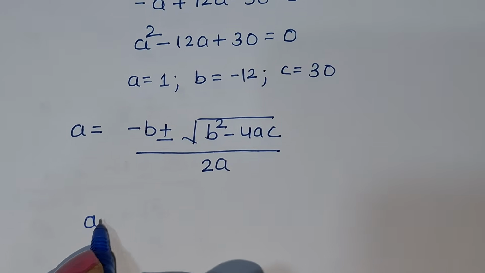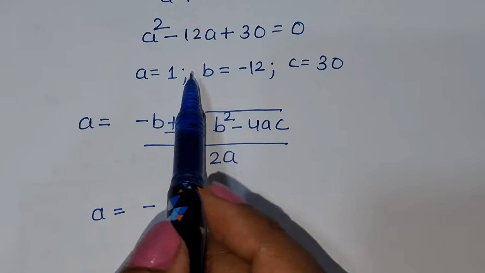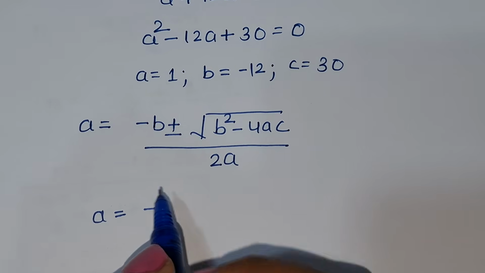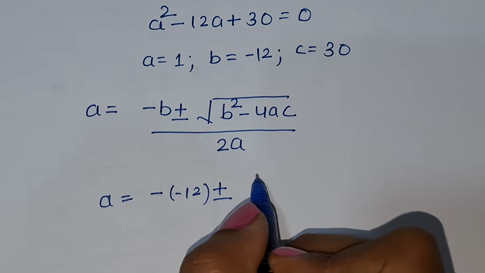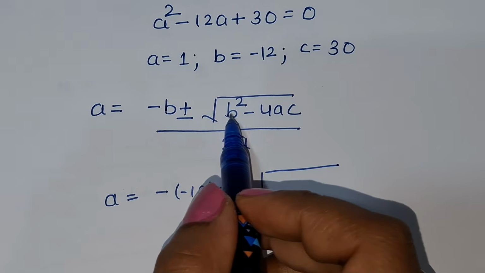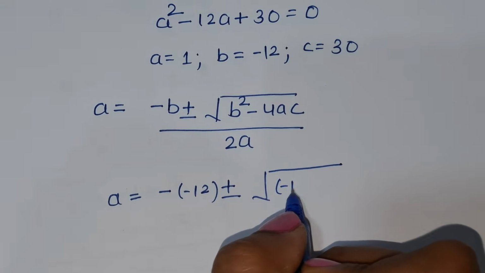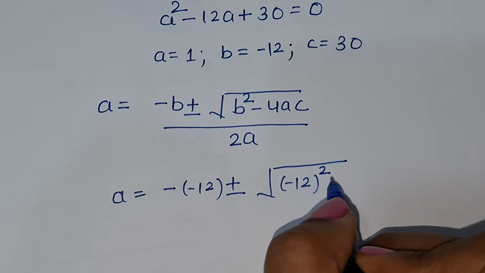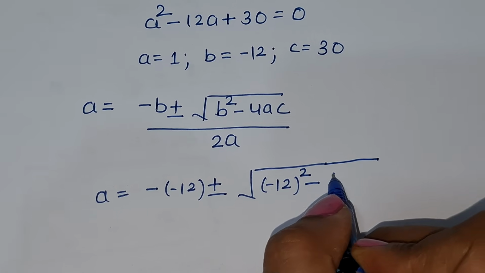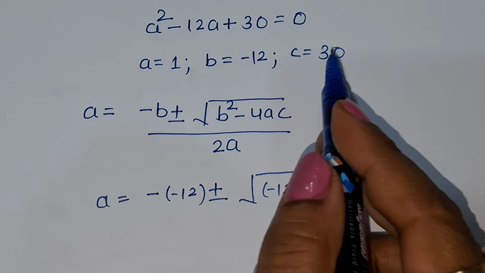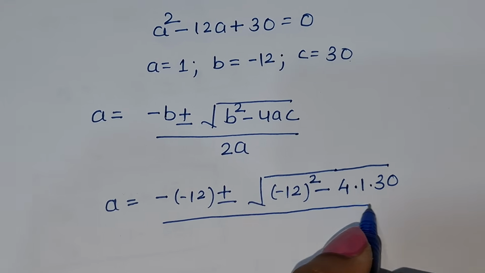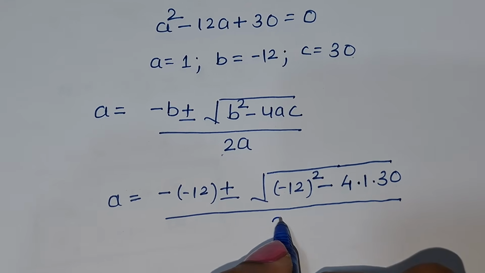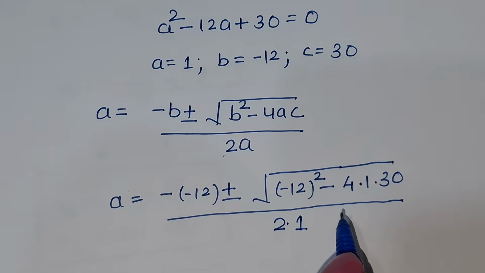So a equal to minus b. Now b is minus 12, so it will become minus minus 12, plus minus square root of b square, b is minus 12, so minus 12 square, minus 4 times a times c, which is 30, divided by 2 times a, right?